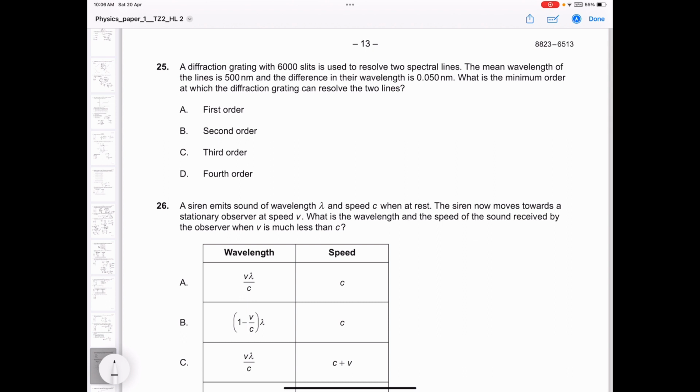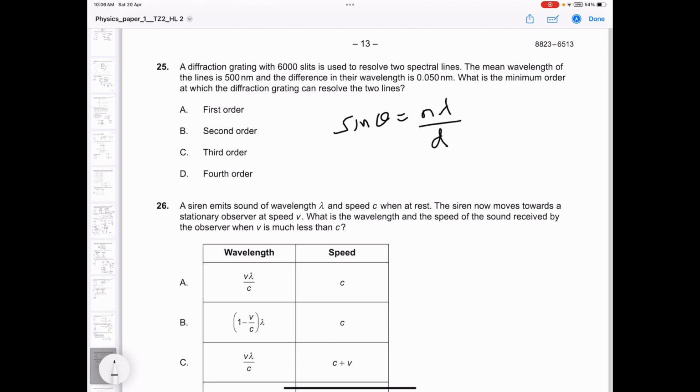Number 25, you have a diffraction grating with 6,000 slits, and it's used to resolve 2 spectral lines, and you're given that information, and you have to find the minimum order at which the diffraction grating can resolve these 2 lines. Okay, so let's start off with our formula. Sine of theta is equal to n lambda all over d.